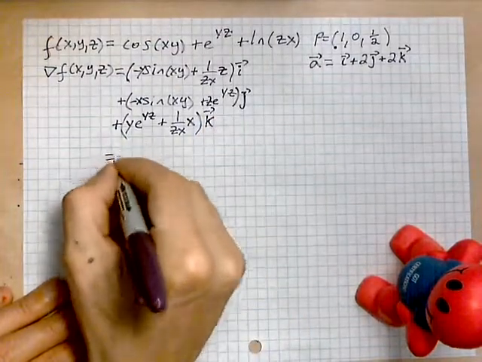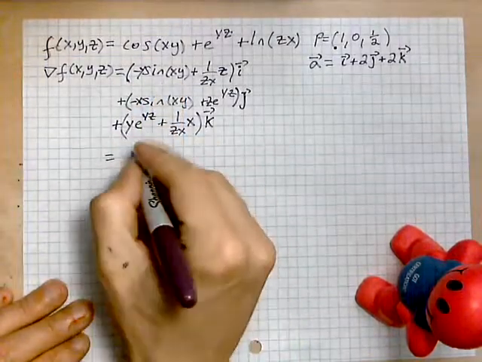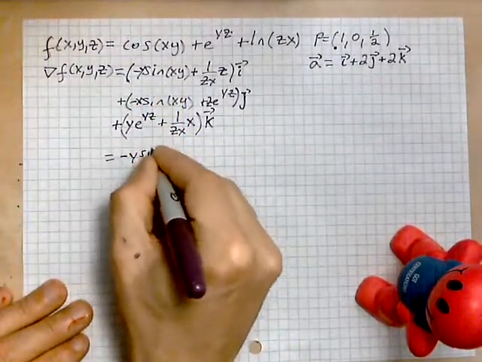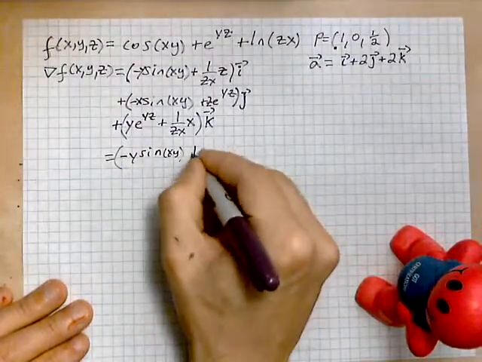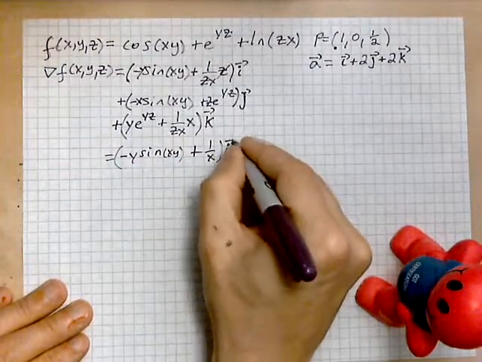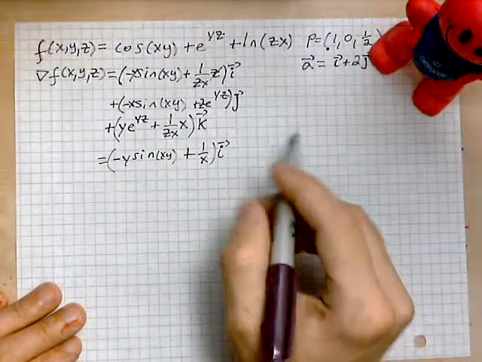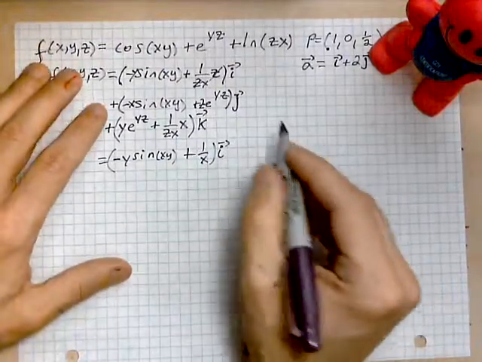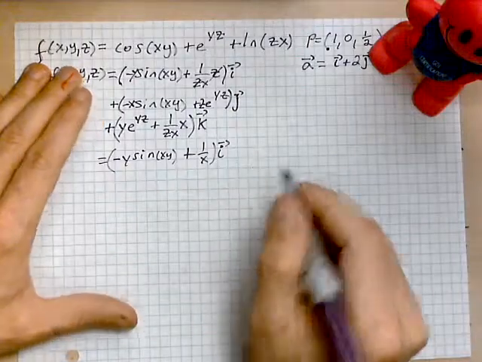With this in place, the next move is to simplify a little. Negative y sine of xy, plus, canceling the z's, 1 over x i. Then you have to be so careful because this is multivariable calculus.